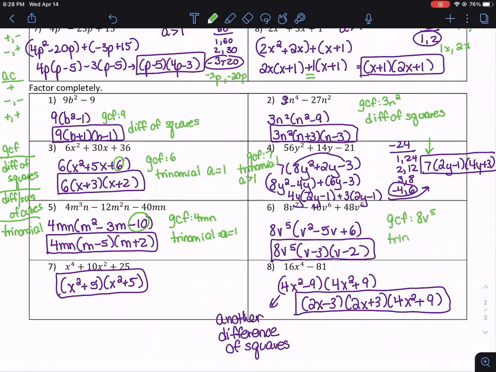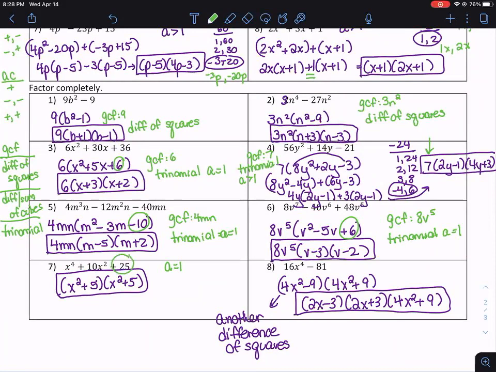That revealed a trinomial where a was equal to 1. That means we would look for factors of 6 that add to negative 5, which were negative 2 and negative 3. Number 7 was similar to a question we did the other night. Instead of x to the 2nd, we have x to the 4th, but a was equal to 1. So it would factor into x squared plus 5 and x squared plus 5, factors of 25 that add to 10, or 5 and 5.